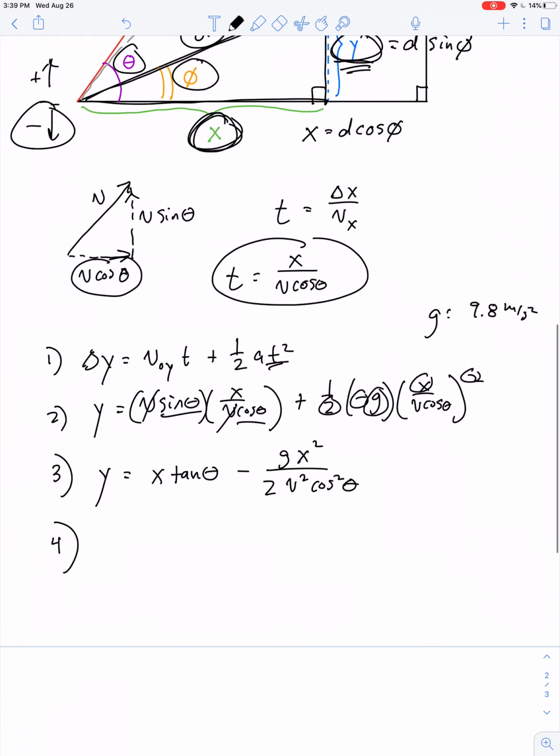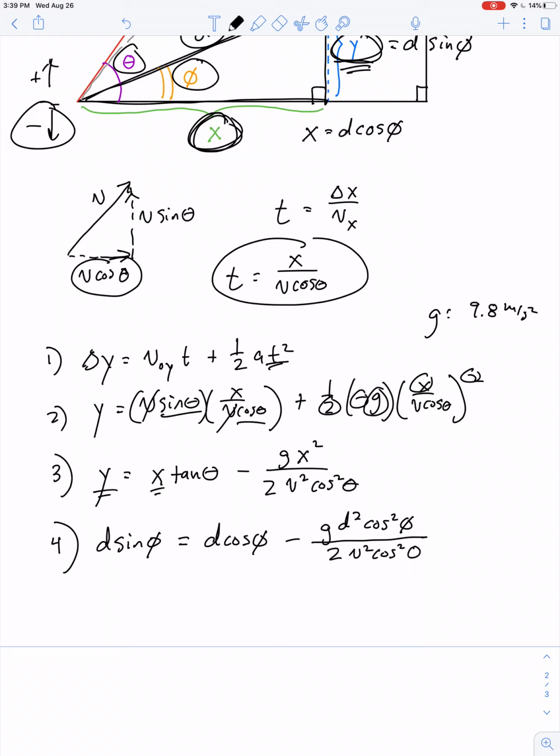So let's make that substitution. Instead of calling it y, we'll say d sine phi. And instead of calling it x, we'll call it d cosine phi. Then minus g x squared, so g d squared cosine squared phi divided by 2 v squared cosine squared theta.